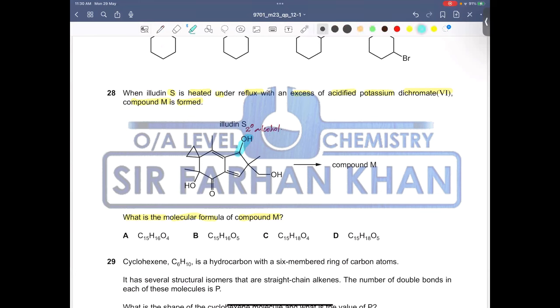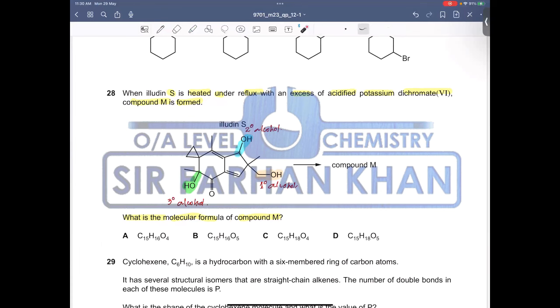Next is your primary alcohol, which is also called 1-degree alcohol. Last but not the least is this, that is your tertiary alcohol. And you know that tertiary alcohol never oxidizes.